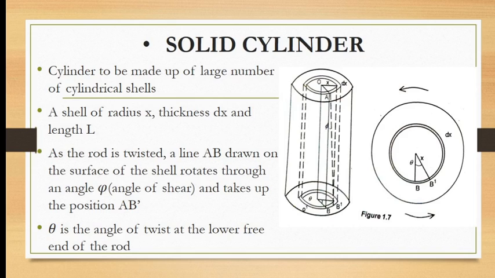So that phi is known as the angle of shear, which we had discussed in the last class. Now the angle formed by B when it had a displacement to B dash is theta, and that theta is known as the angle of twist. So theta is the angle of twist at the lower free end of the rod.